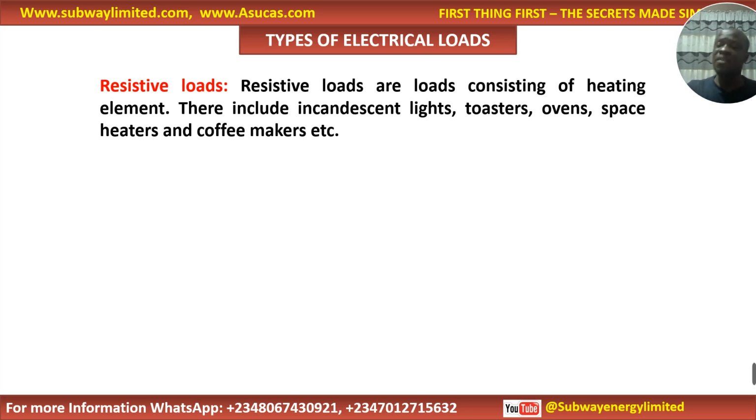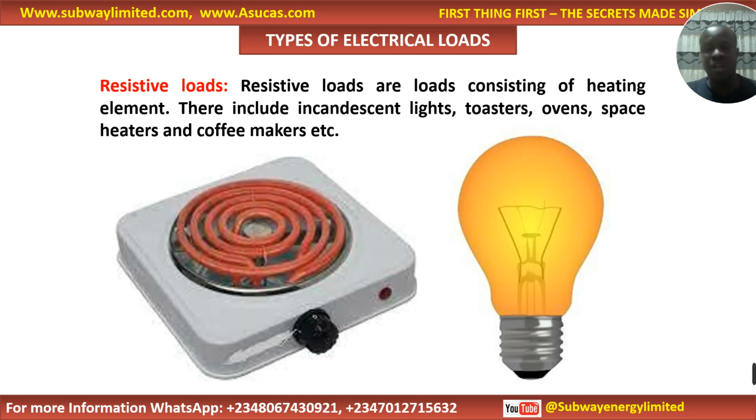So resistive loads are those loads that consist of heating elements. They include your incandescent bulb, toaster, oven, space heaters, coffee makers, etc. These are examples of resistive loads. This is your hot plate. These are those old-time light bulbs. One would be 200 watts.